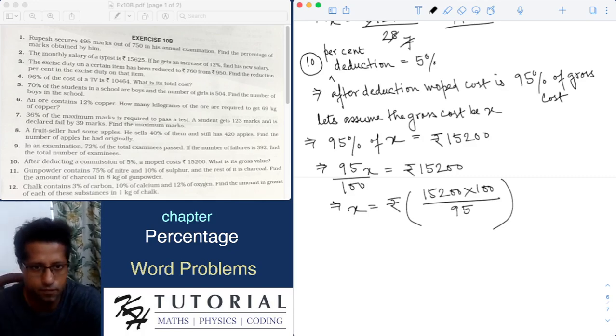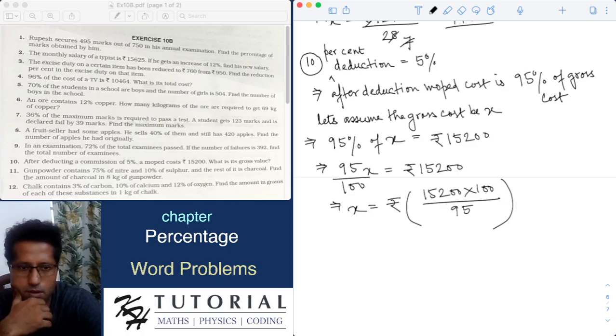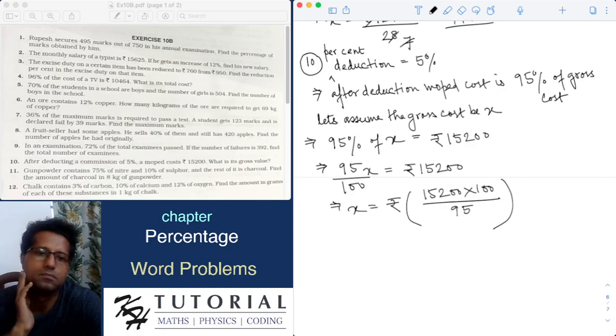So let me read it once again to see if I am doing it correctly. After deducting a commission of 5%, a mocked costs... so after the deduction, the new cost is rupees 15,200. Okay, what is its gross value? I think gross value means it is asking what was the value before the deduction.